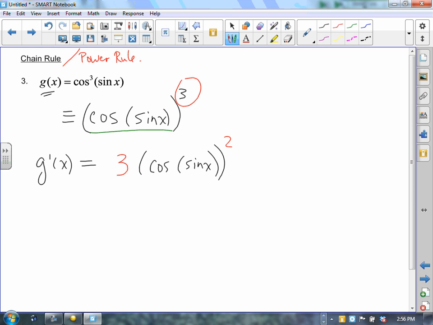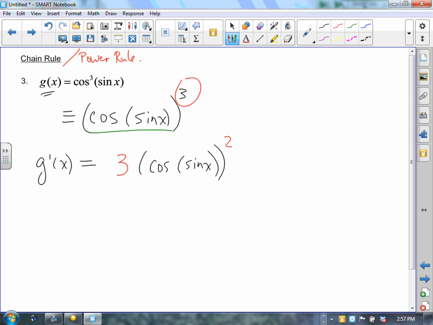If you look inside, we actually have 2 more functions. We have sine x being embedded as an inner function inside of a cosine function, and then the cosine function is being embedded inside of a cubic function. So we really have a lot of embedded functions here.